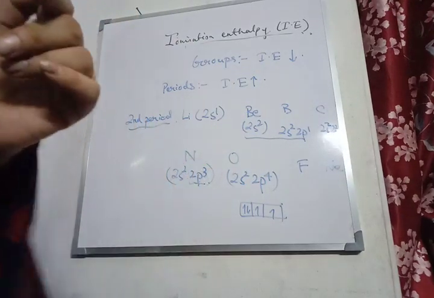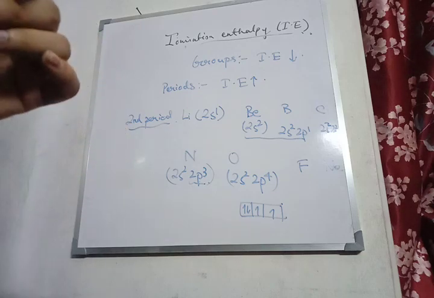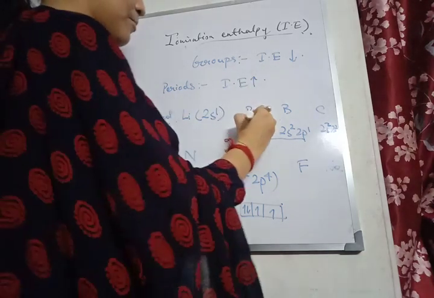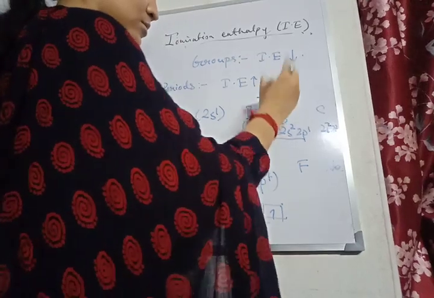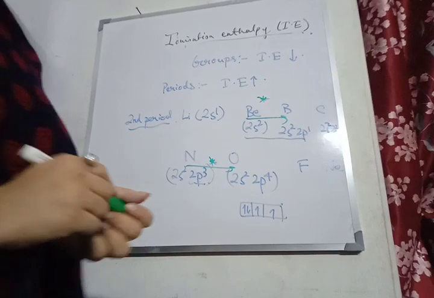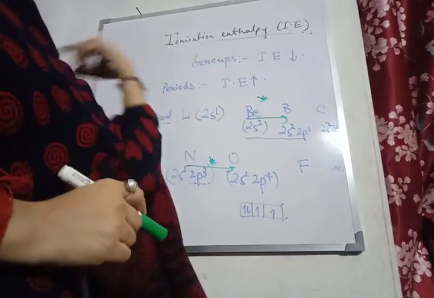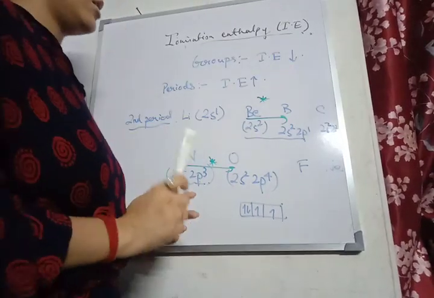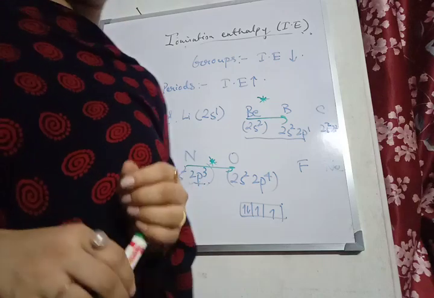So we observe deviations in two cases: from beryllium to boron, this is one deviation, and from nitrogen to oxygen, this is another. Otherwise, throughout it is fine. Okay, so till this, thank you class.